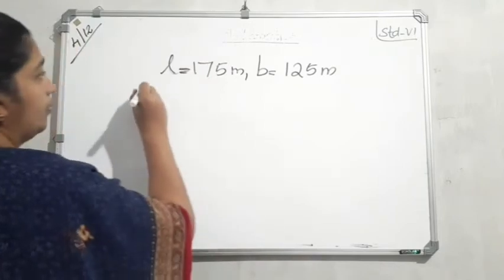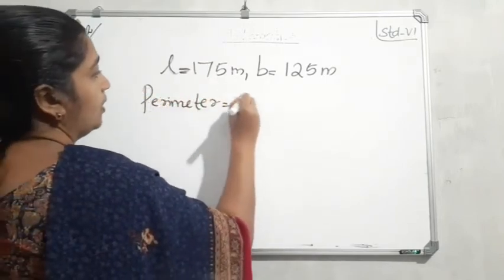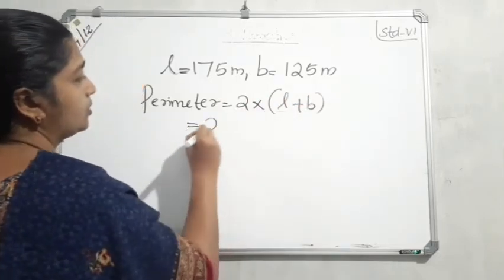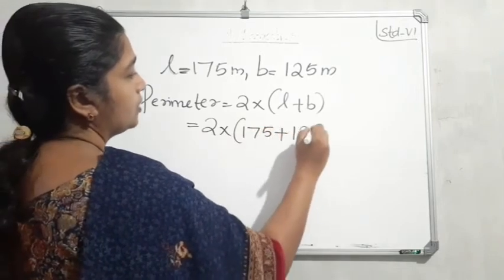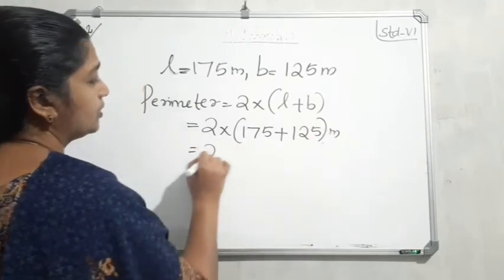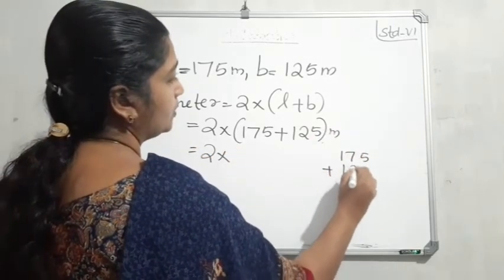Perimeter equals 2 into length plus breadth, that equals 2 into 175 plus 125.